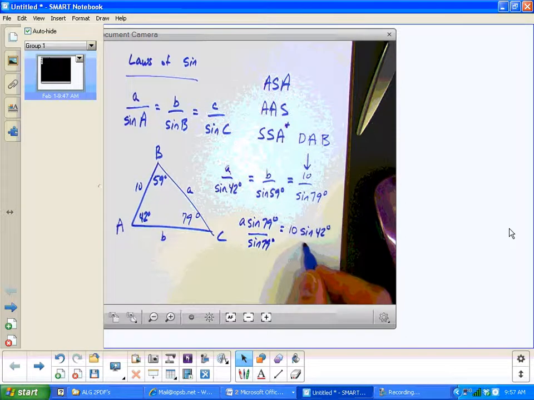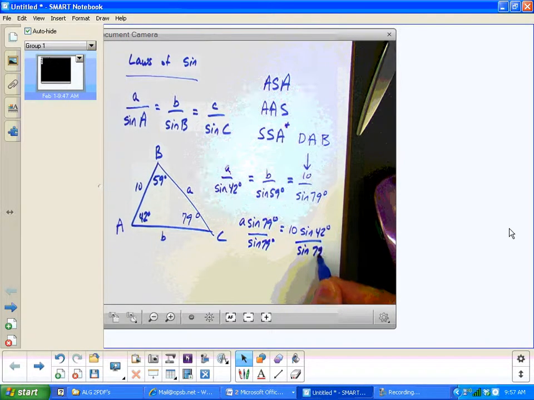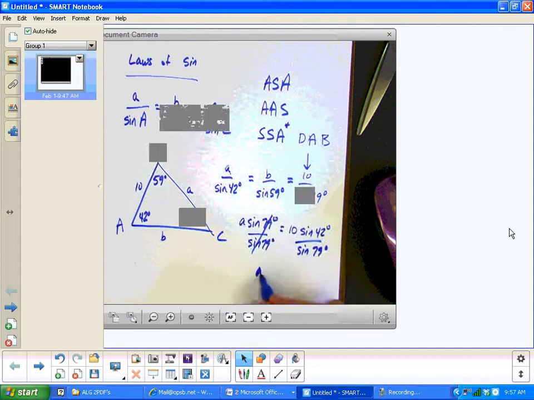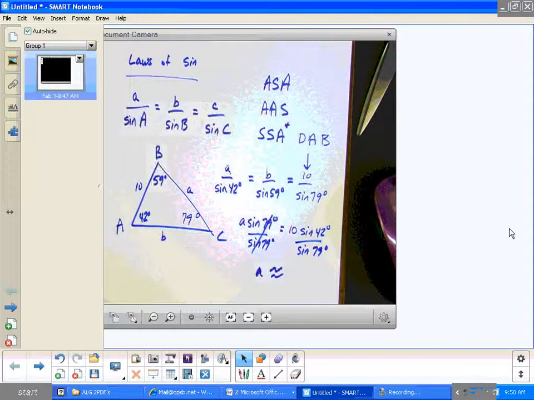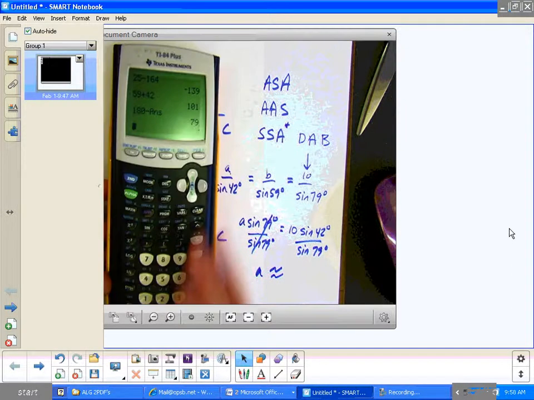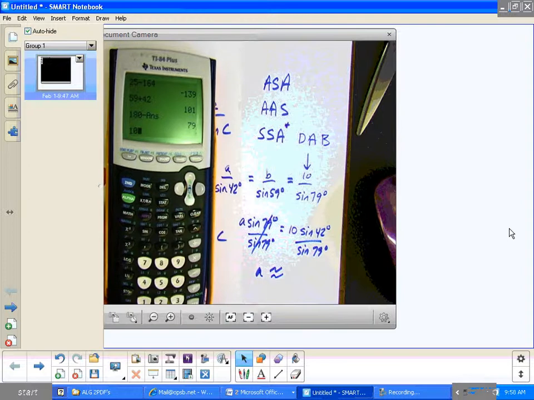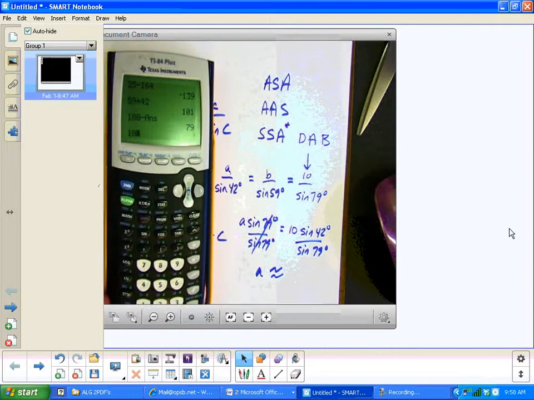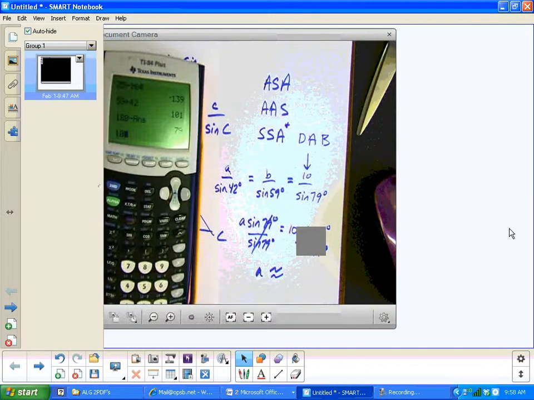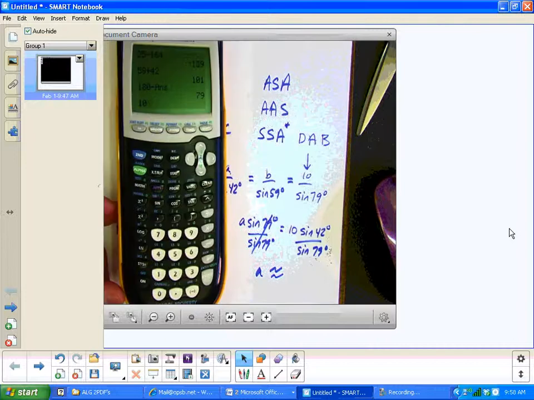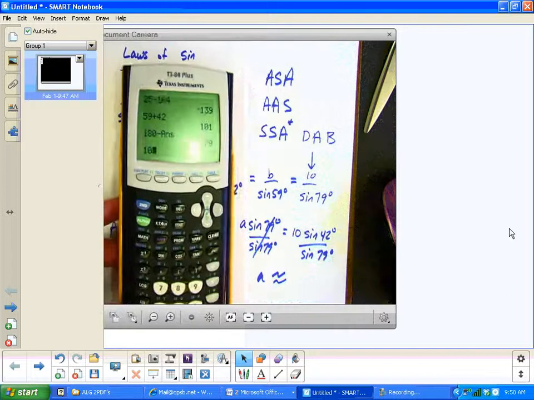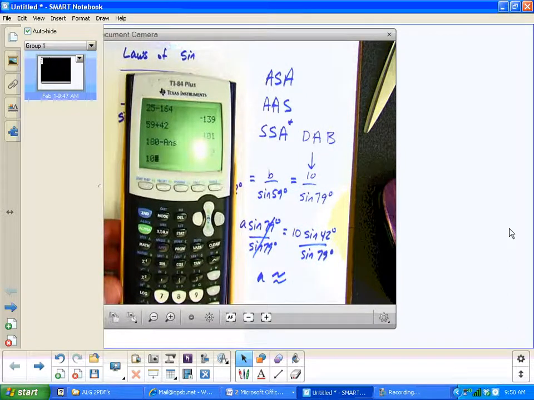Now you're going to throw all of that in the calculator. So watch me here. If you don't get the same thing I do, we'll talk with you. All right, so 10 times sine 42 divided by sine 79.